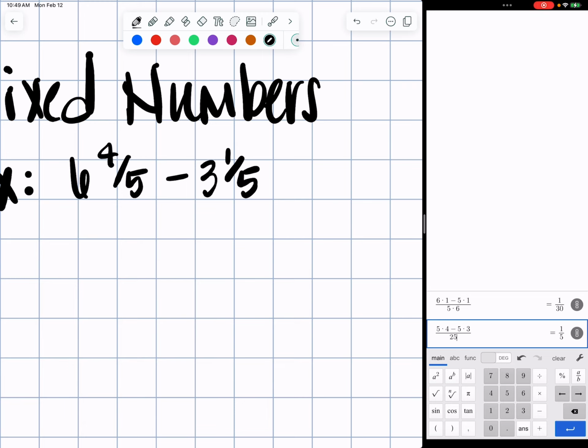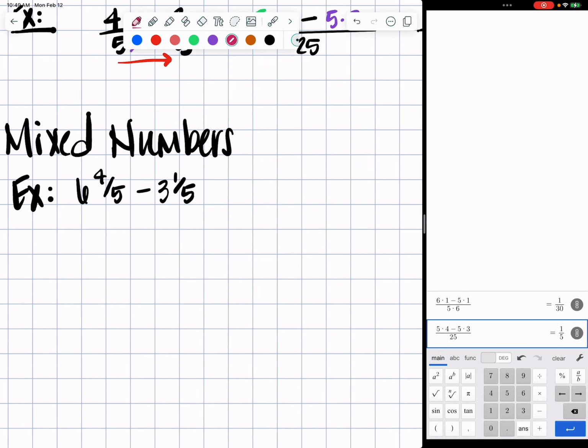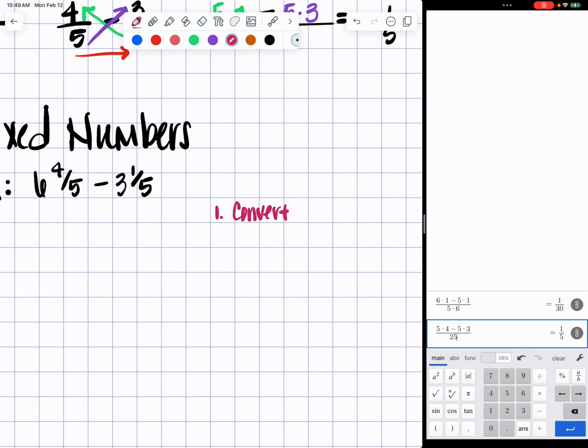Now, there are a whole bunch of people who are going to tell you to subtract the whole numbers first, then subtract the fractions, and then they're going to go into this whole thing about borrowing from fractions and things. We're going to make it easier. The first thing we're going to do is convert to mixed numbers. Not mixed numbers, improper fractions.